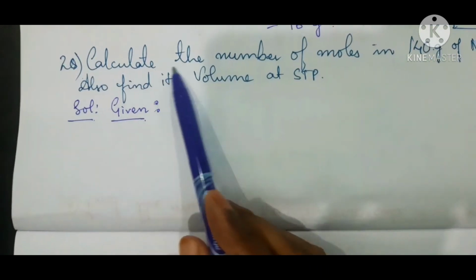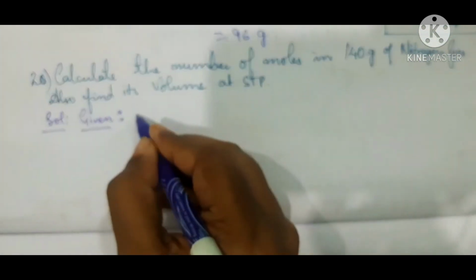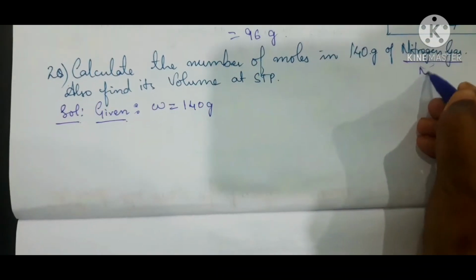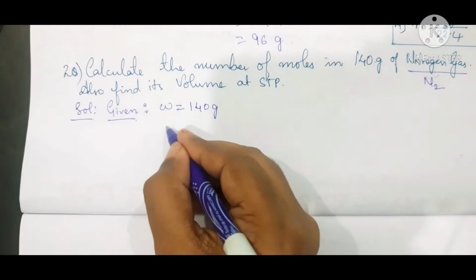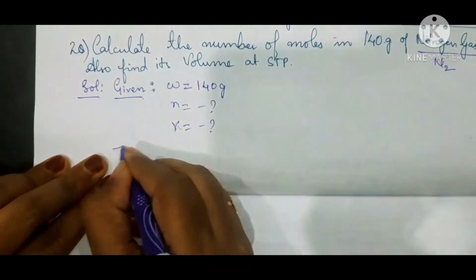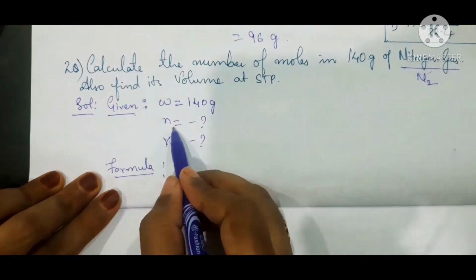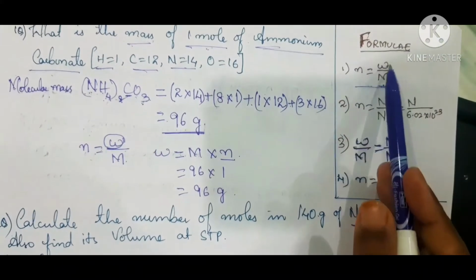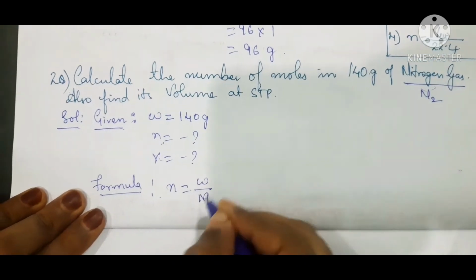The next question contains the number of moles. We need to find the number of moles. Let us write the given data: 140 grams of nitrogen. Observe that this is nitrogen gas, so we need to write N2. Here weight is given and the number of moles we need to find out, and also the volume. The formula to be used: number of moles is W by M. W is given.